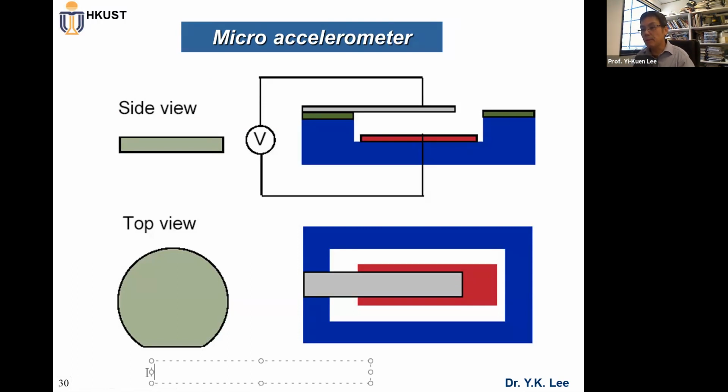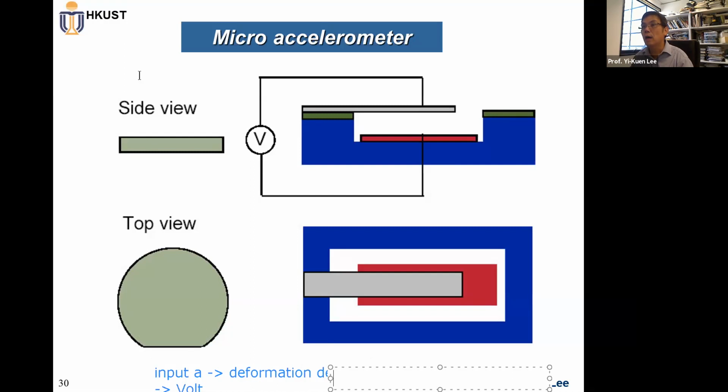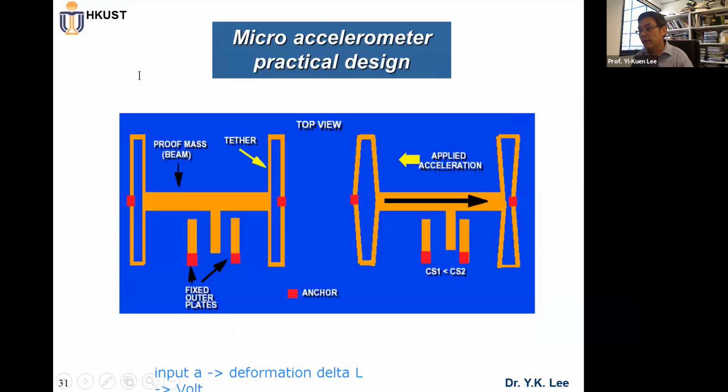That means input acceleration A causes deformation, maybe of the spring, deformation delta L, and then we convert it into voltage output. So this is the basic way we can make this kind of sensor.